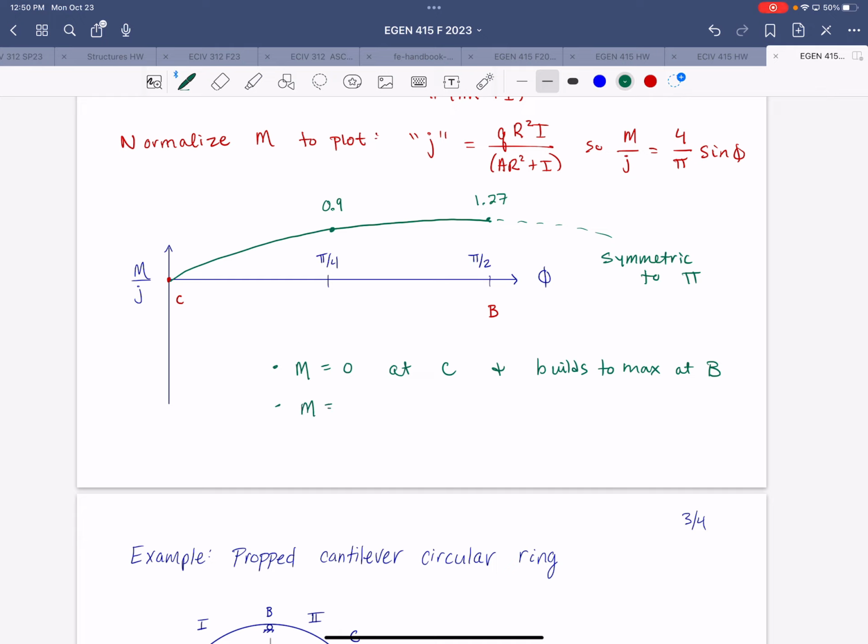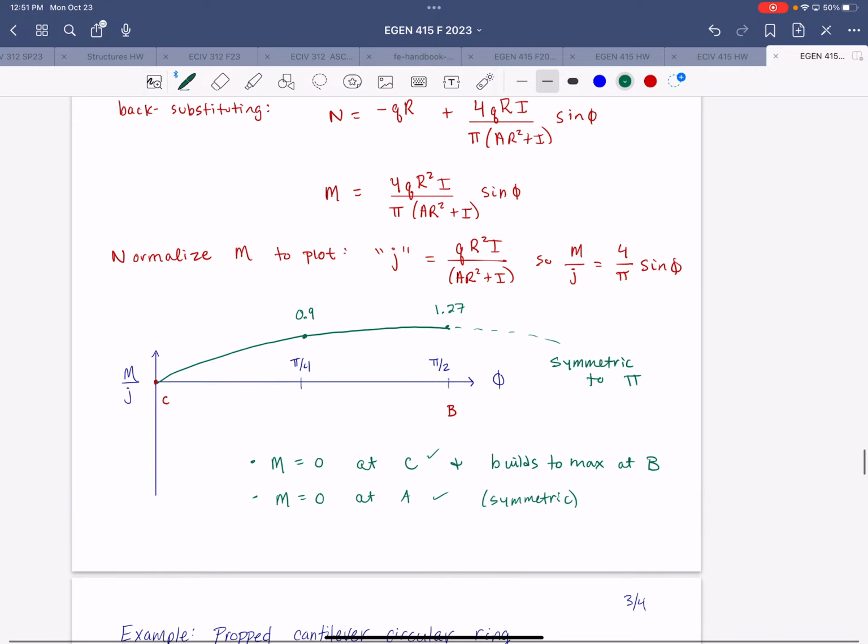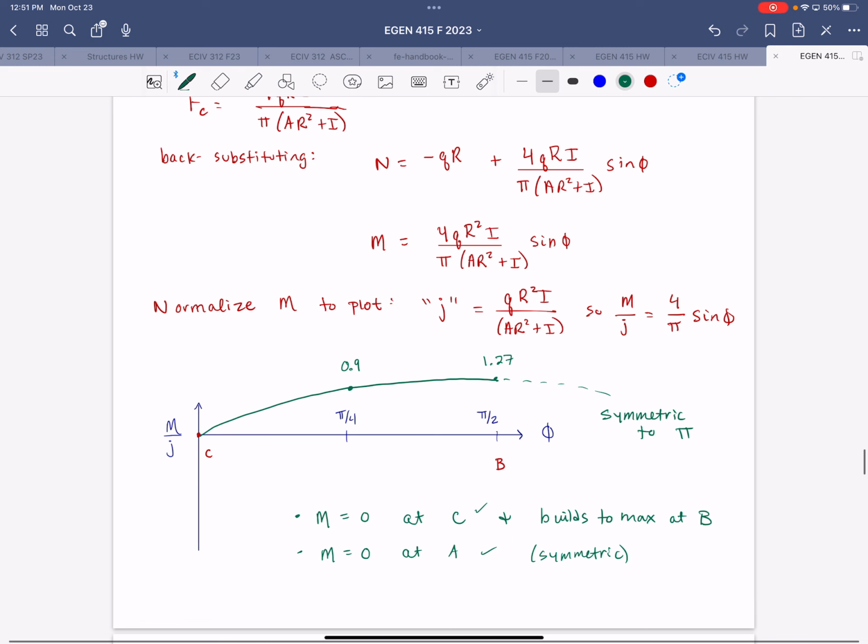And M, of course, should be 0 at A, which is the other pin support, which makes sense. Questions? Are circular beams fun?